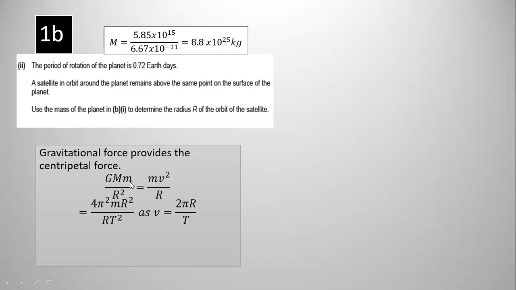M and M cancel off. Or this one, you square that. V squared is 4 pi squared R squared over T squared.